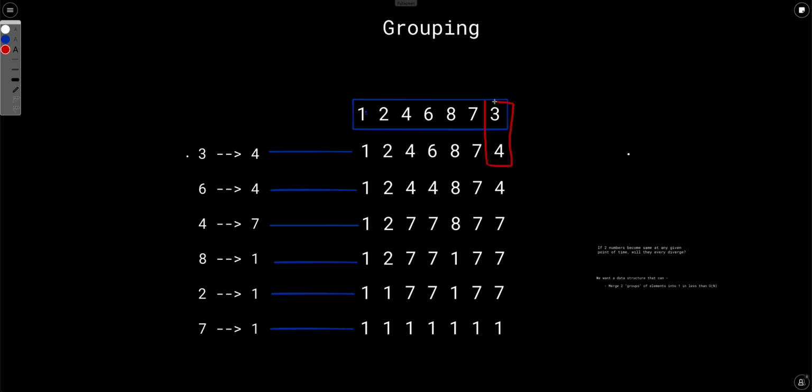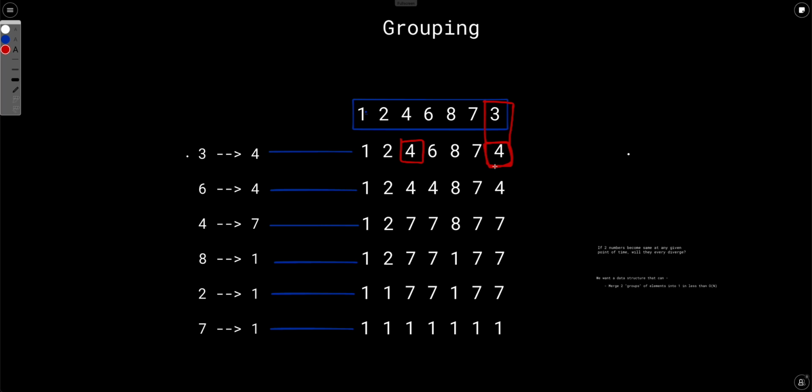That's fine. Now if we have replaced this 3 with 4, whatever 4s were there initially are now grouped, right? Because these two 4s will always be changed together. If you are changing 4 to something, these two 4s will change together.